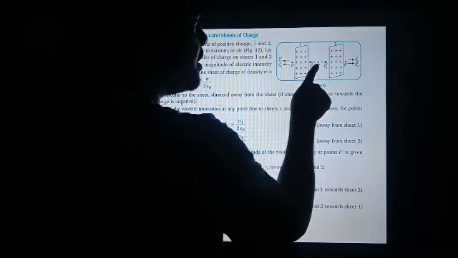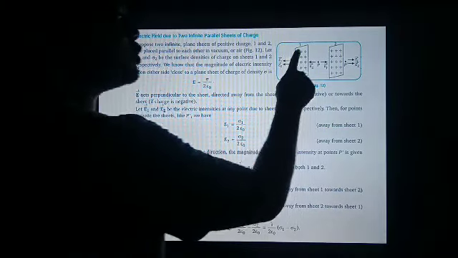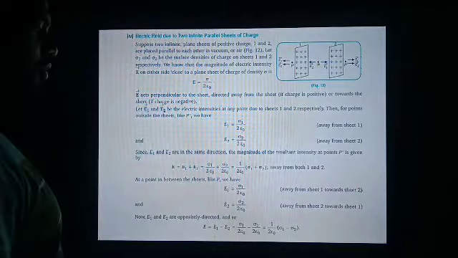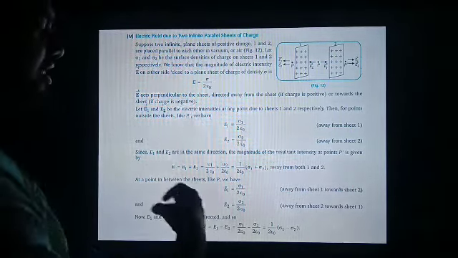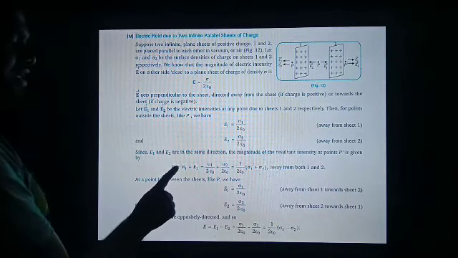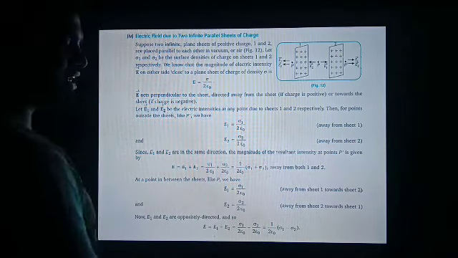So there are 3 points, P, P dash and P double dash. We have to find out the net electric field due to these two charge sheets. Electric field is a vector quantity, so we have to consider the direction of electric field. E is equal to E1 plus E2, that is sigma 1 upon 2 epsilon naught plus sigma 2 upon 2 epsilon naught.